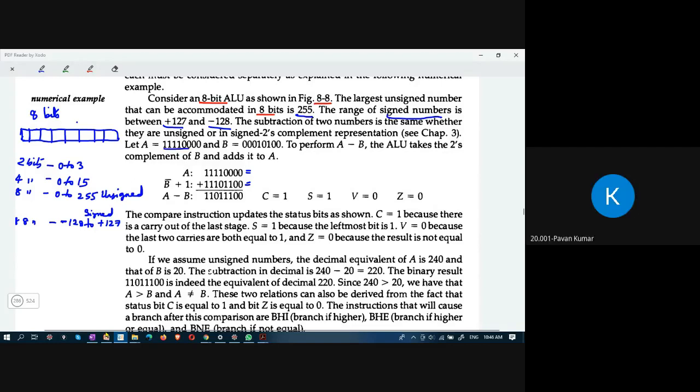This is A, this is B, and to perform A minus B, what are the steps? Do you remember the steps to perform subtraction? First two's complement, then adding. Two's complement of minuend or subtrahend? If you say A minus B, which is minuend and which is subtrahend?